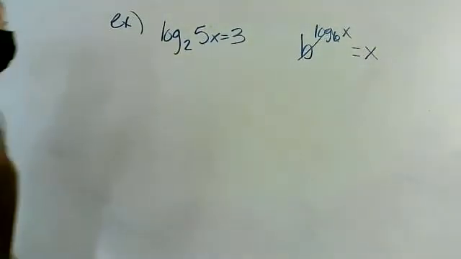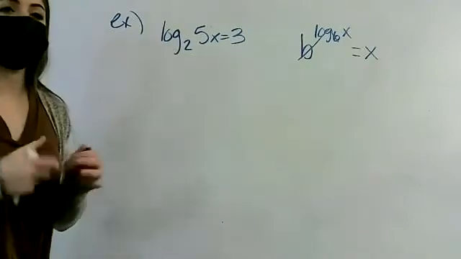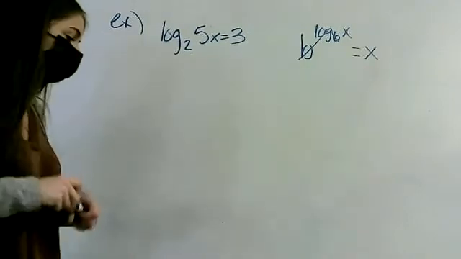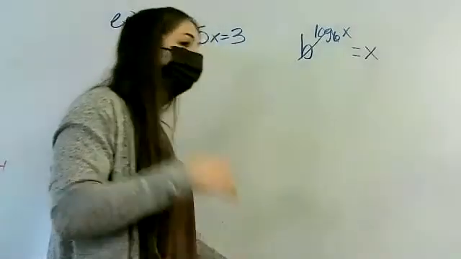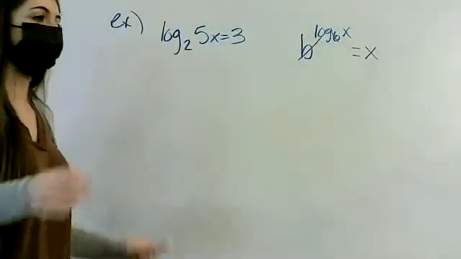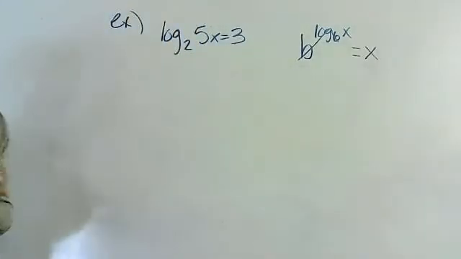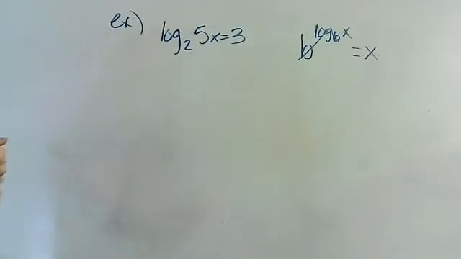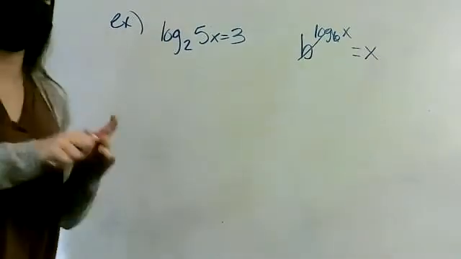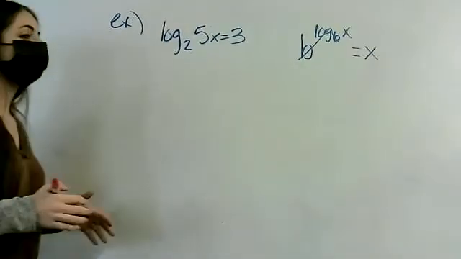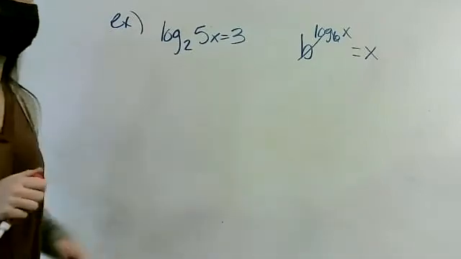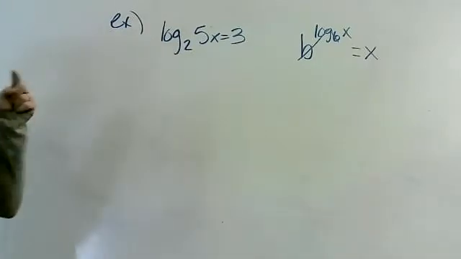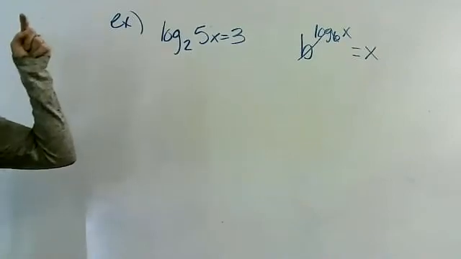So this is by far the weirdest, most foreign process to you that we've done so far. Adding in a log was weird enough. You're used to adding, subtracting, multiplying, dividing things on and off, maybe squaring, square root, but adding in a log was super odd. This one is by far the weirdest. So think about tactic number 1, getting equal bases and setting their exponents equal to one another.